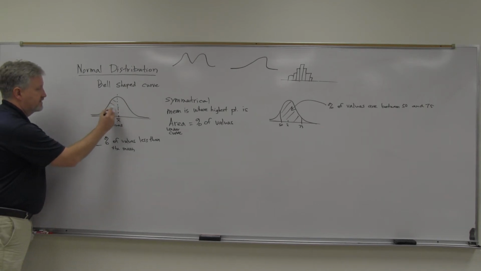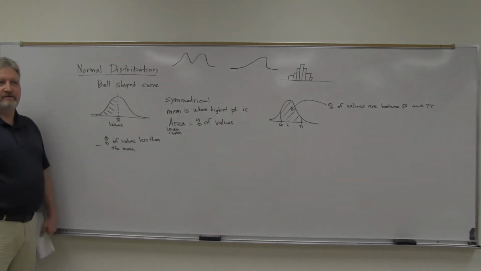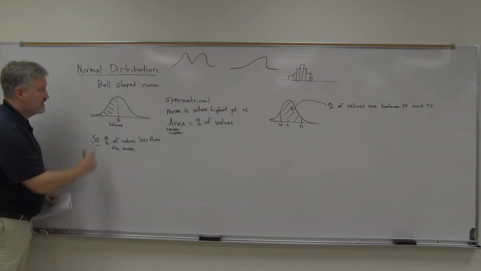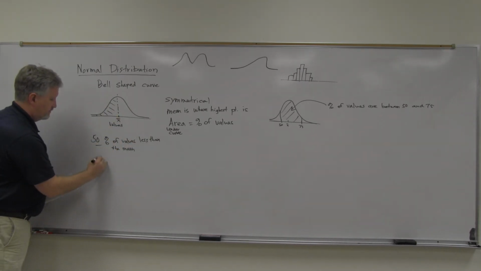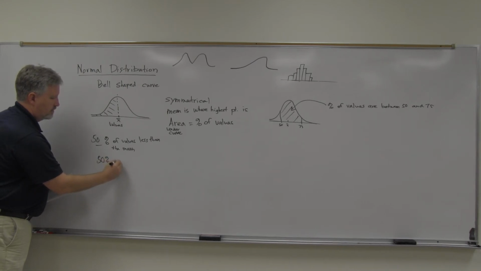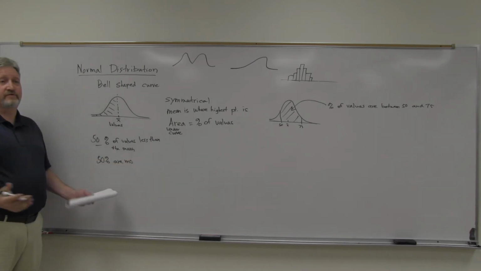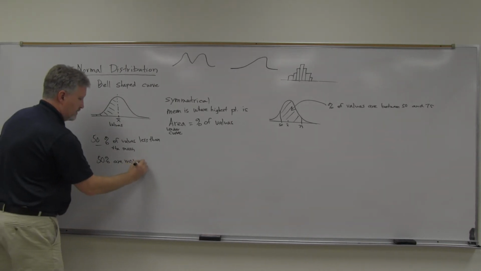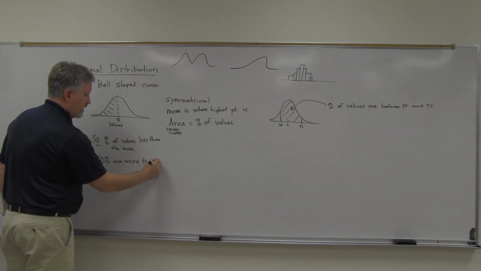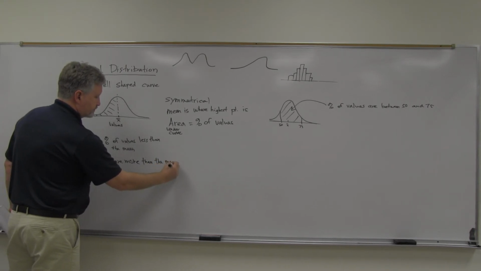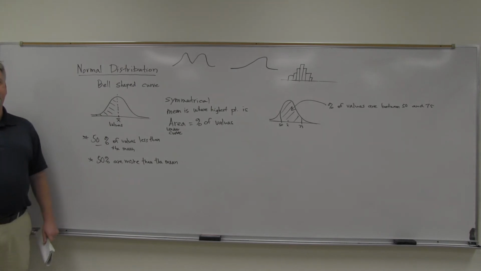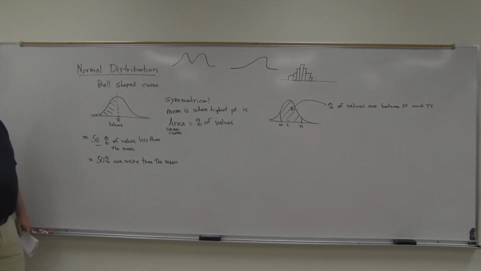It'd be half of them, wouldn't it? 50% are less than the mean, and then 50% are more than. Right? Because it's symmetrical. You've got half on this side, half on this side. With me? So those two notes are important. You've got 50% above, 50% below the mean. Okay? Make sense? All right.